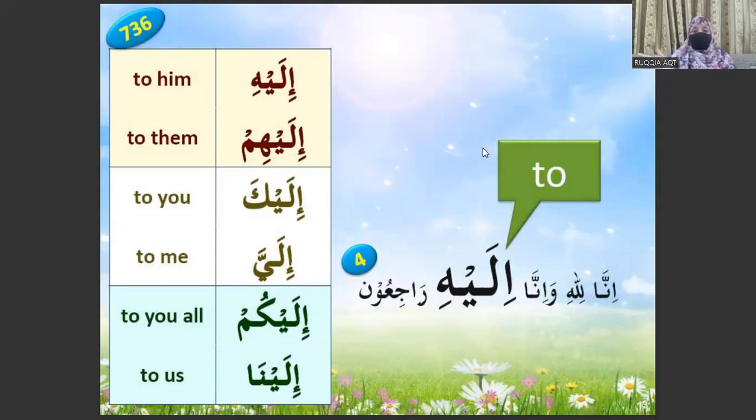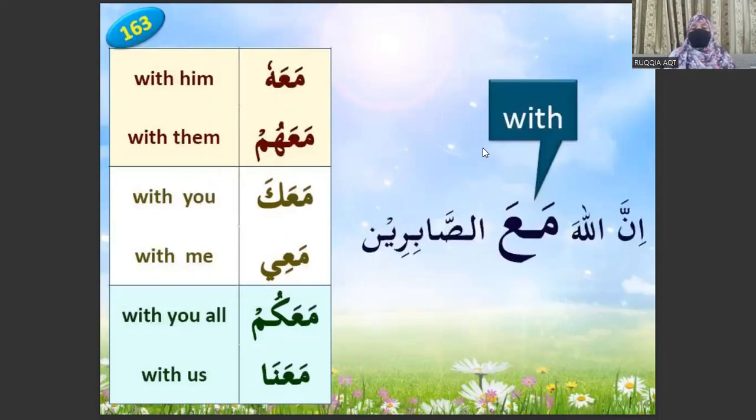Ilayhi, to him. Ilayhim, to them. Ilayka, to you. Ilayya, to me. Ilaykum, to you all. Ilayna, to us. Assalamu alaikum wa rahmatullah. Excellent. Jazakallah khair.